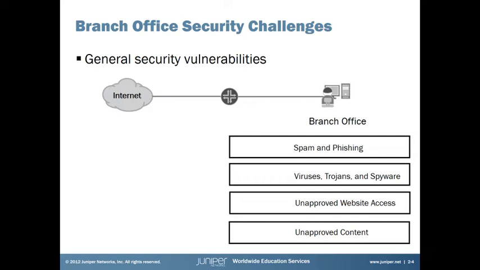So it looks at how we can do something about spam, deals with viruses, trojans, spyware, all known as malware. Looks at how we can prevent unapproved website access and unapproved content. Now those last two are really more like organisational policy type things. So we'll get into those.